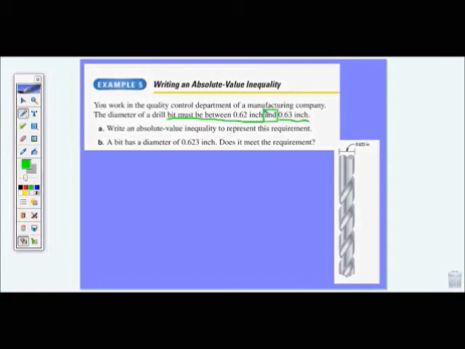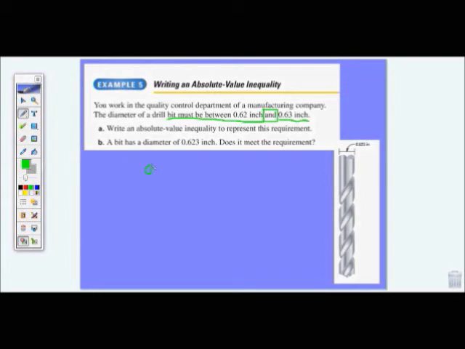So if I was going to write that inequality, write an absolute value inequality to represent this requirement.